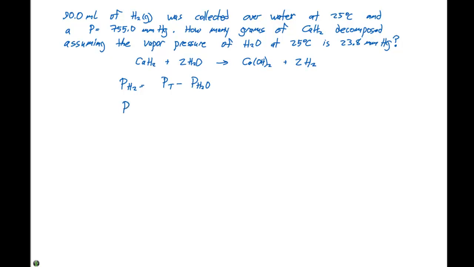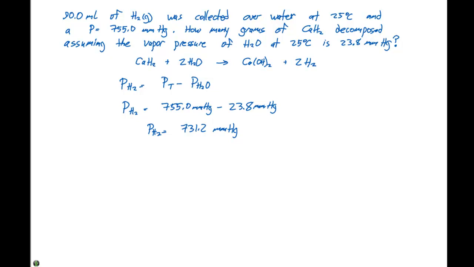So it is the total pressure, 755.0 millimeters of mercury, minus the 23.8 millimeters of mercury, which is our partial pressure of water. So our partial pressure of H2 is going to be 731.2 millimeters of mercury.